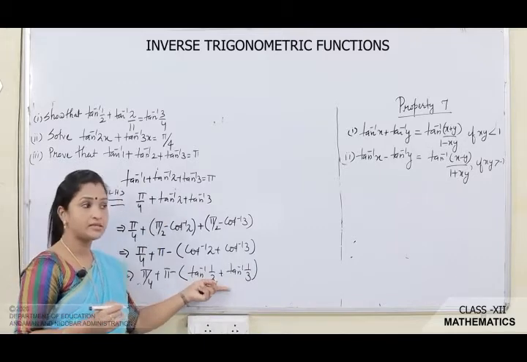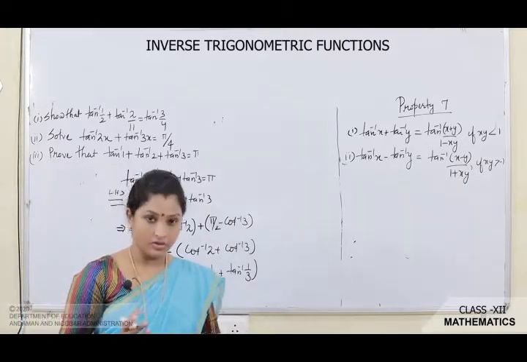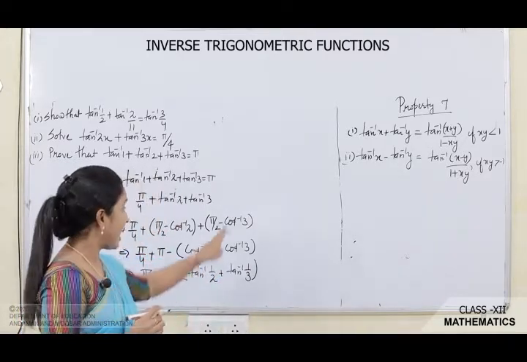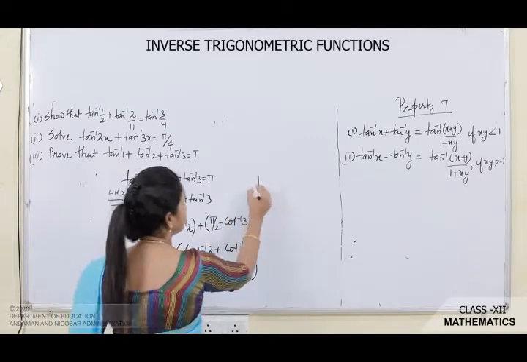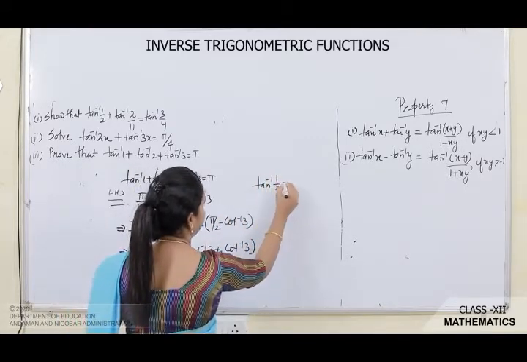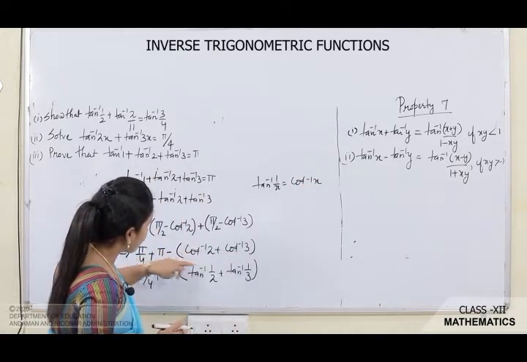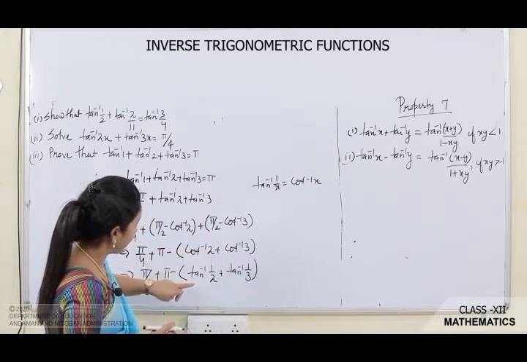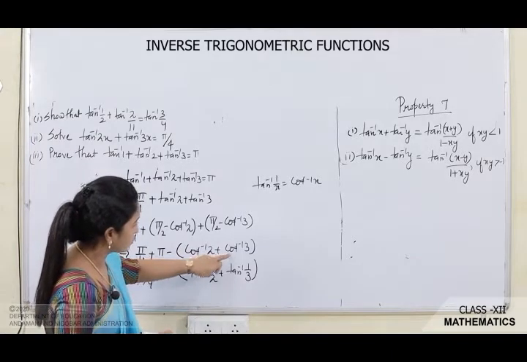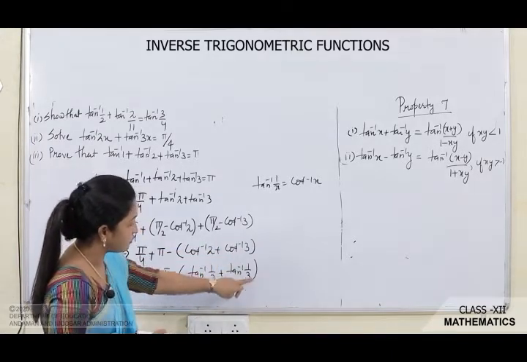In the previous class, I have already explained you one more property. What is that? Tan inverse of 1 by x is cot inverse x. Okay, so I am using this property cot inverse of 2 as tan inverse of 1 by 2 plus cot inverse of 3 as tan inverse of 1 by 3.